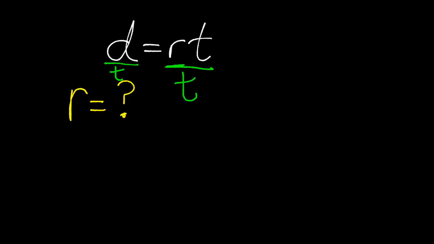t divided by t on the right side is 1. So those cancel out and we're left with r. On the left side, we have d divided by t. And now r is all by herself.